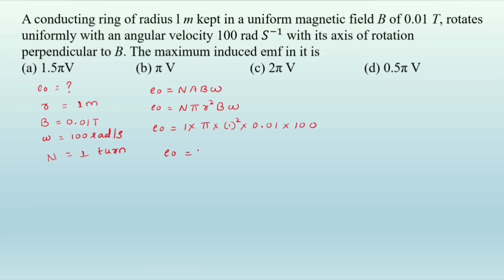So E0 equal to 10 raised to minus 2 into 10 raised to 2 into pi. 10 raised to minus 2 plus 2 will get cancelled. So we get E0 equal to pi volt. It means the maximum EMF induced in this conducting ring is pi volt. So that is option B.